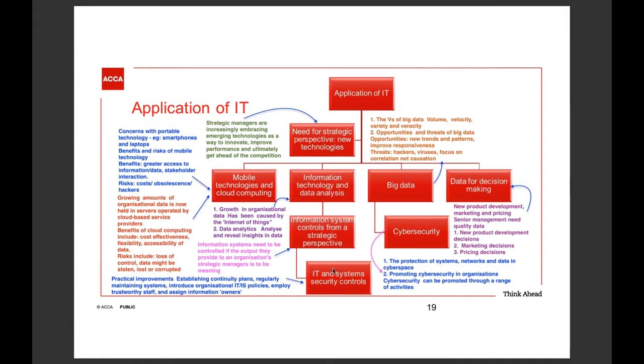At the same time, you need improvement in terms of regularly maintaining your system. You may have some policies related to the IT system or information system, and definitely the staff that you hire must be someone trustworthy.